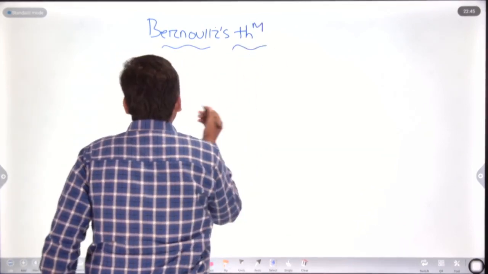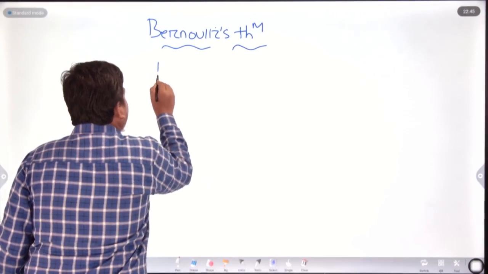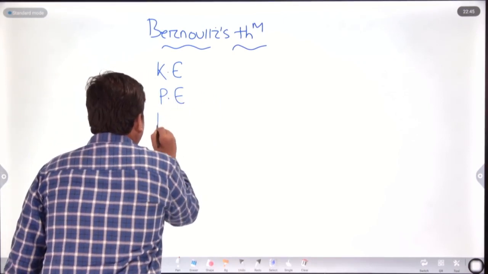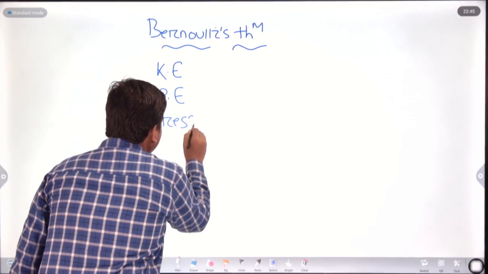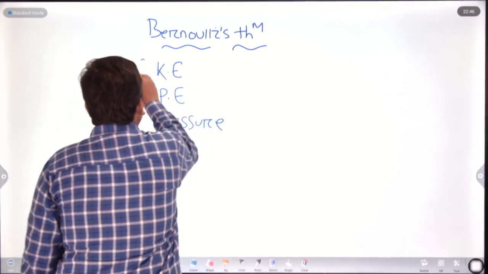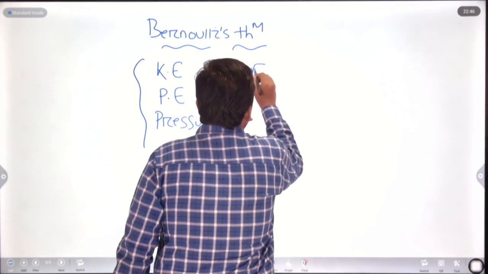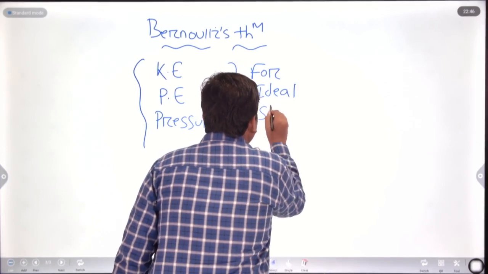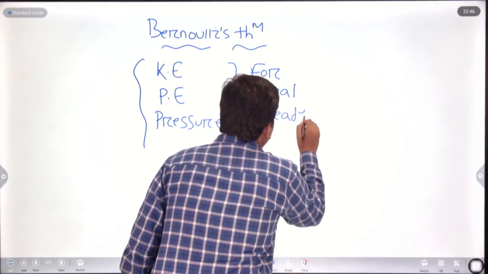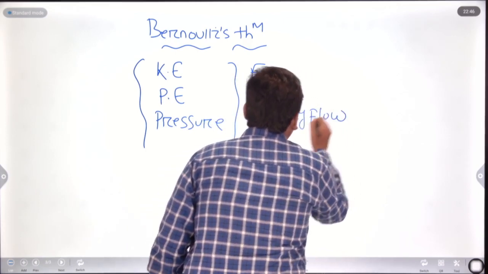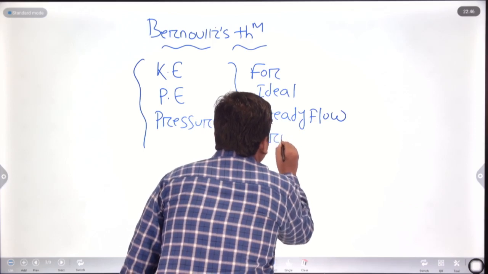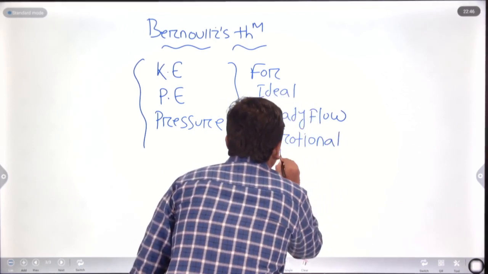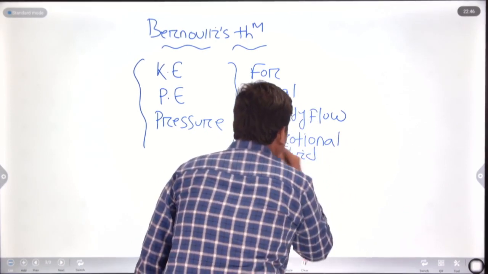It states that the sum of kinetic energy, potential energy and pressure energy for an ideal, steady flow, irrotational fluid remains constant.